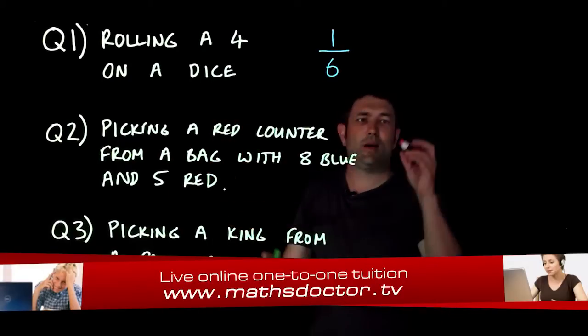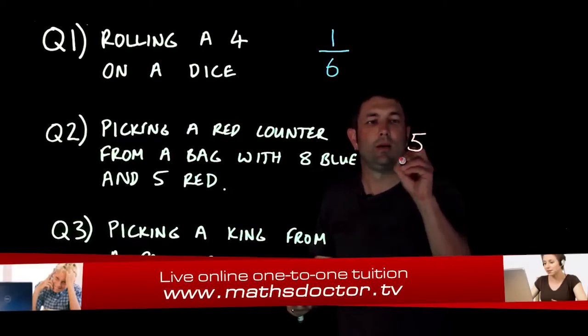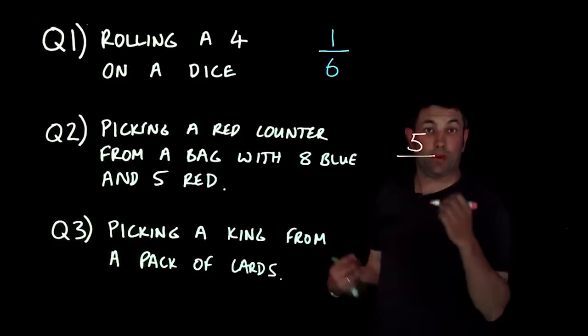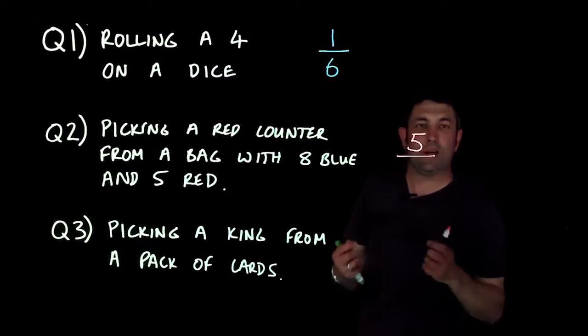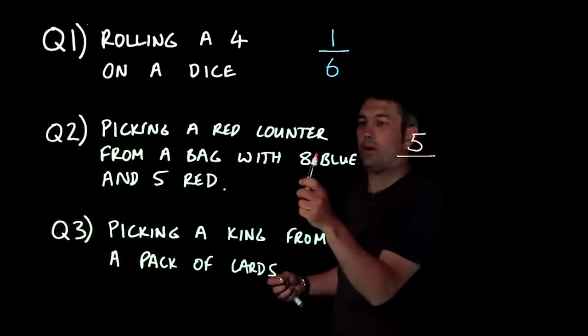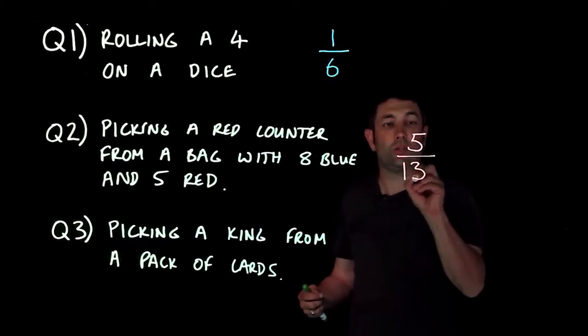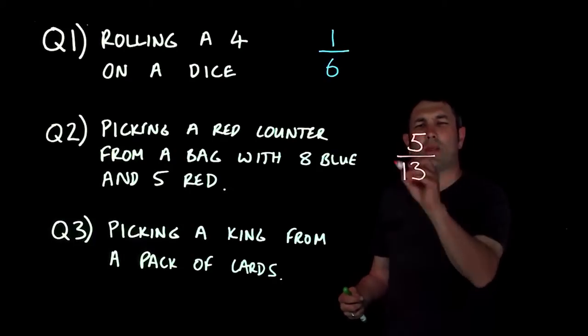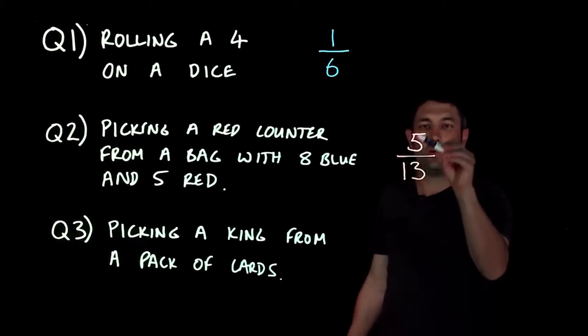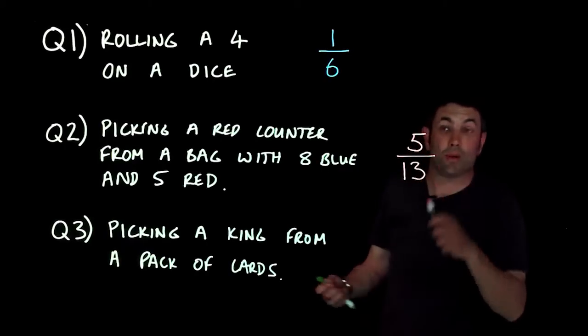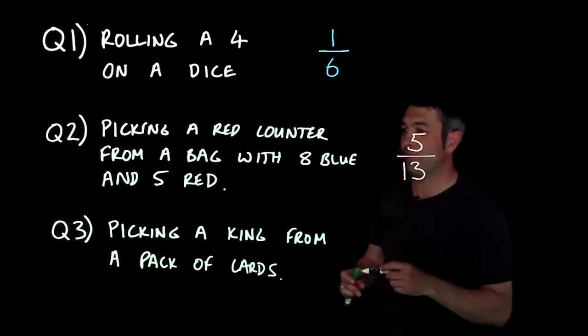How many reds are there? There are 5 reds. Now, the bottom number, the denominator, is how many counters there are in total. So I just need to do 8 add 5, which gives me 13. I just have a look to check whether that can be simplified, and it can't. 5 13ths, they're both prime numbers for a start, so that will not simplify.